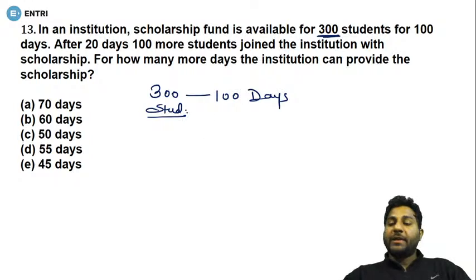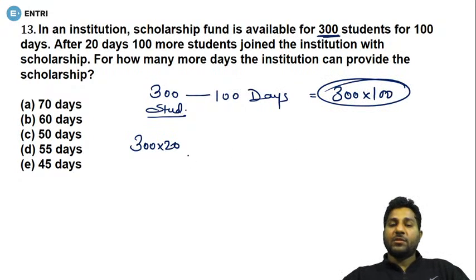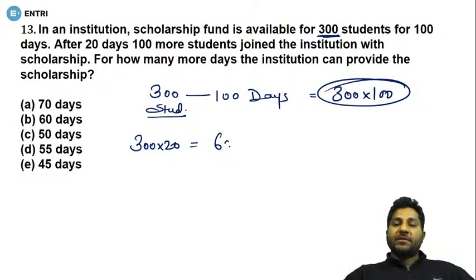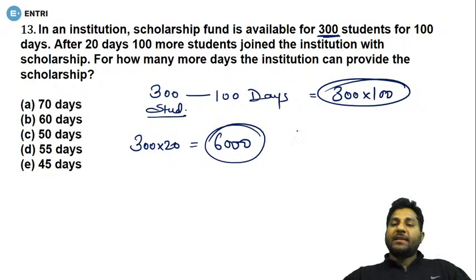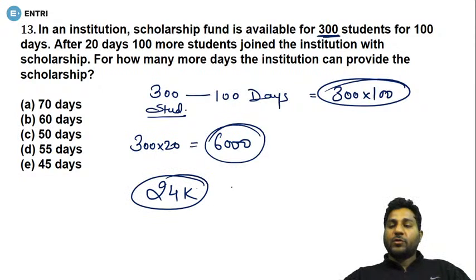Let's say the total fund was 300 into 100, that means 30,000. For the first 20 days, the fund consumed was 6,000. That means we have been left with only 24,000 fund.